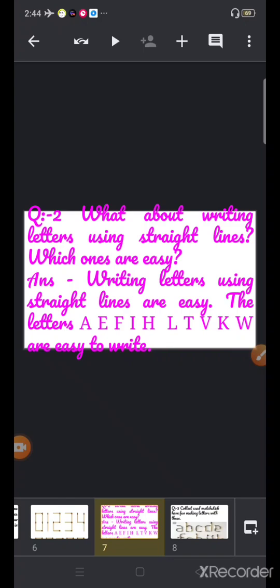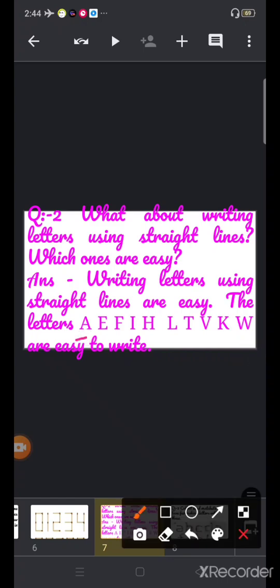The letters which we can write easily are E, A, F, I, H, L, T, V, K, W. These are some letters which we can write easily, isn't it? With the help of straight lines. Writing letters using straight lines is very easy. Okay.